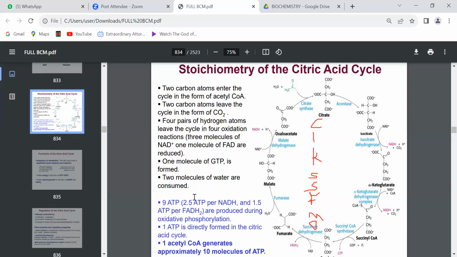So if pyruvate is in the cytosol, we need it to get inside the mitochondria for TCA to work. So there's a pyruvate translocase that transports pyruvate into the mitochondria. It's a symport, so it transports pyruvate and hydrogen, so that TCA can happen inside the mitochondria.